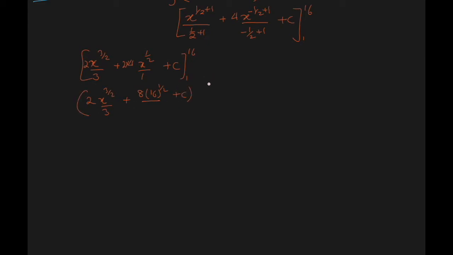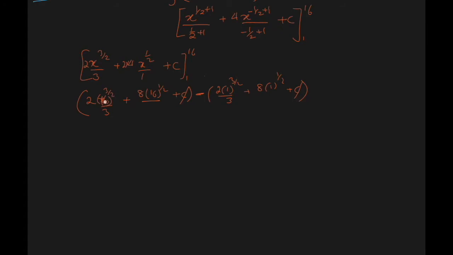When I substituted 16, now I have to substitute 1. 2, 1 to the power 3 over 2 over 3 plus 8, 1 to the power half plus c. C and c will cancel out because of this negative in between. So we are just dealing with numbers now.